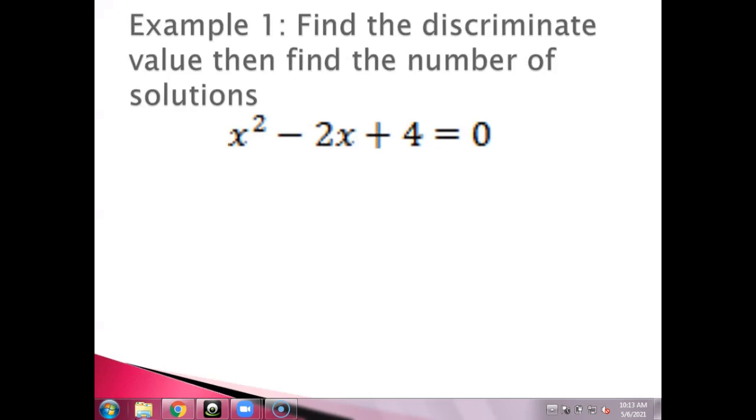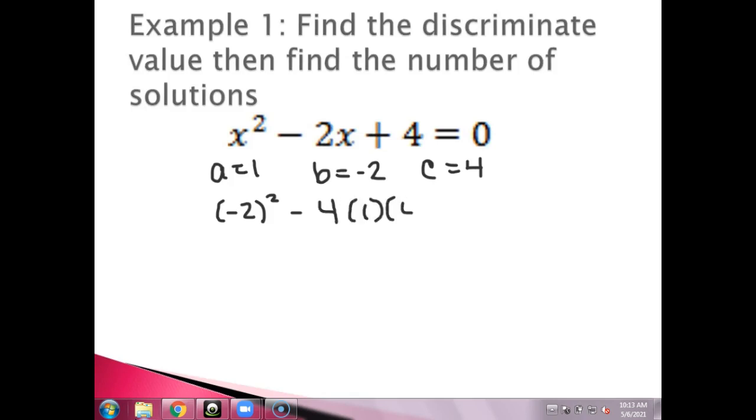Once it's in standard form, you take the A, which in this case is 1, B, which is -2, and C, which is 4, and plug that into the discriminant, which is b squared minus 4 times a times c.